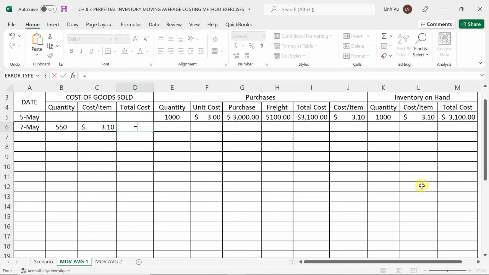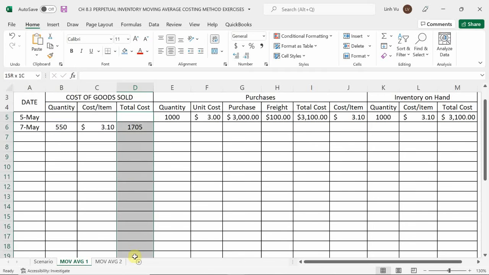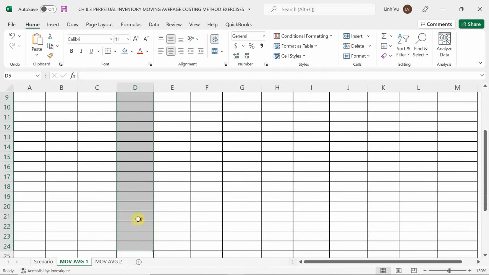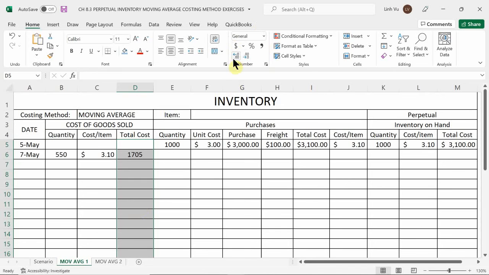So in this case, what is my total cost of goods sold here? $17.05, okay?